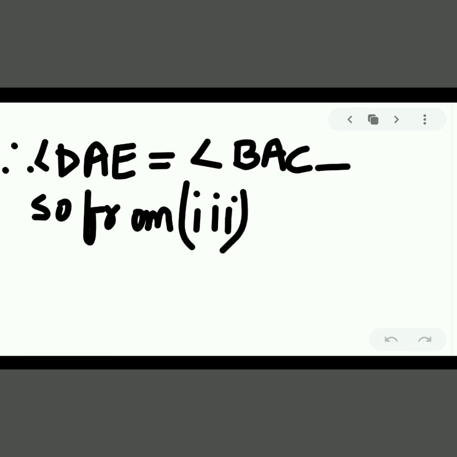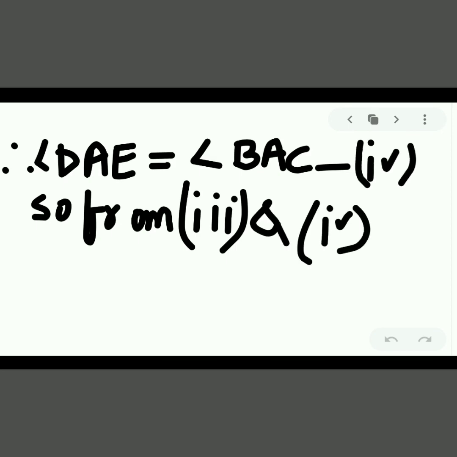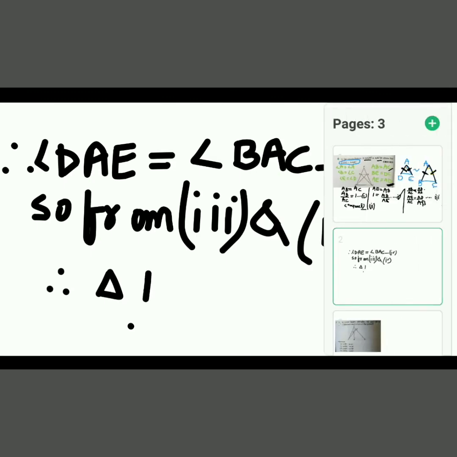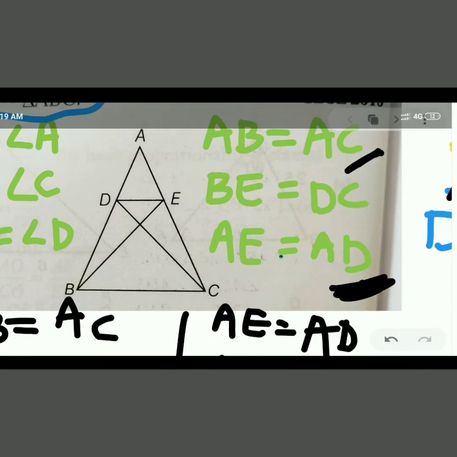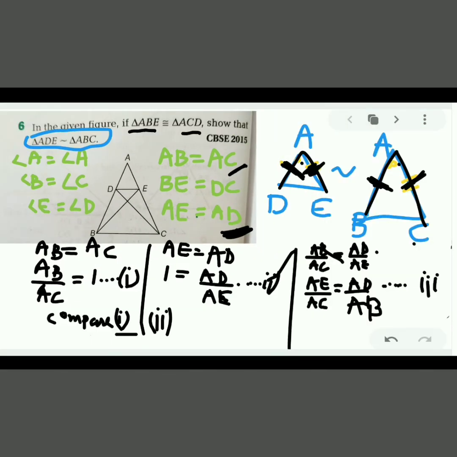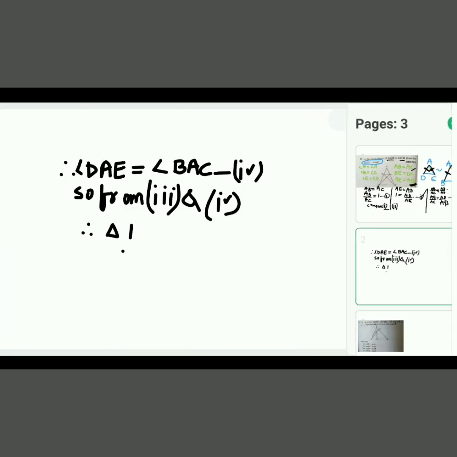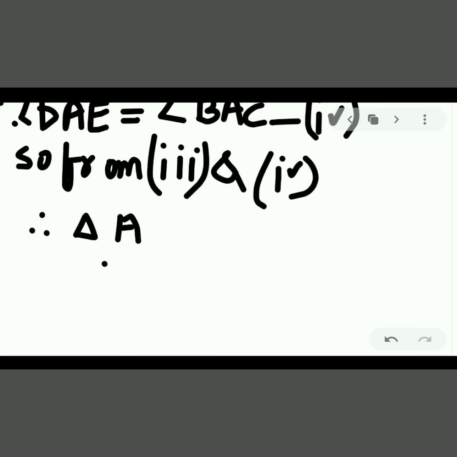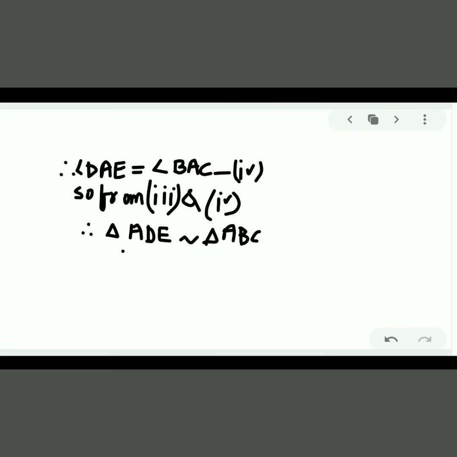Giving it number 4, from condition 3 and condition 4 we can write two triangles similar. Which two triangles? So here we see which two triangles we want. So triangle ADE is similar to ABC. How did we write this? From the criteria side angle side we wrote this.